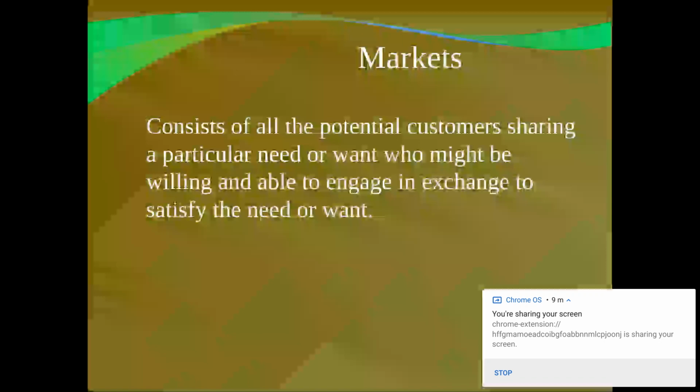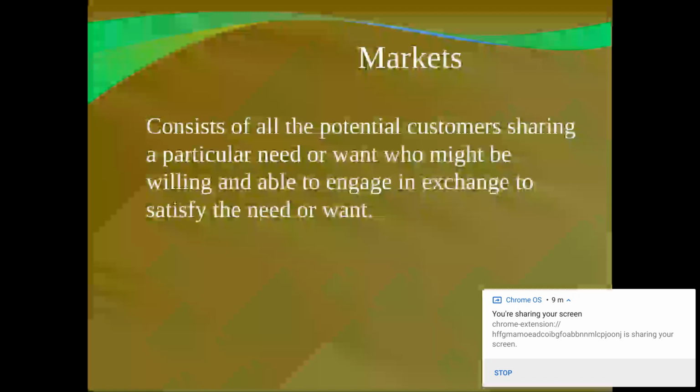Now we understand what a market is. Market consists of all the potential customers sharing a particular need or want, who might be willing and able to engage in exchange to satisfy the need or want. So when we are talking about market, we are basically talking about all the potential customers who are sharing a particular need, and who may be willing and able to engage.